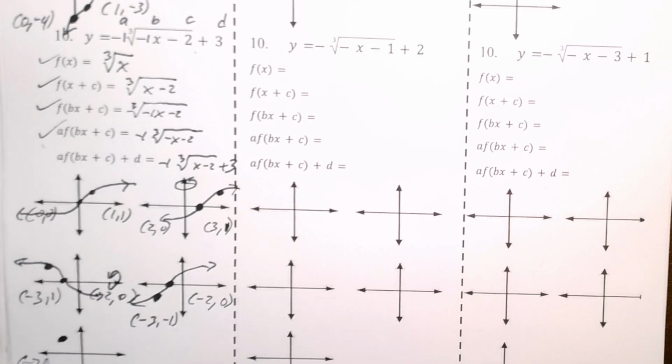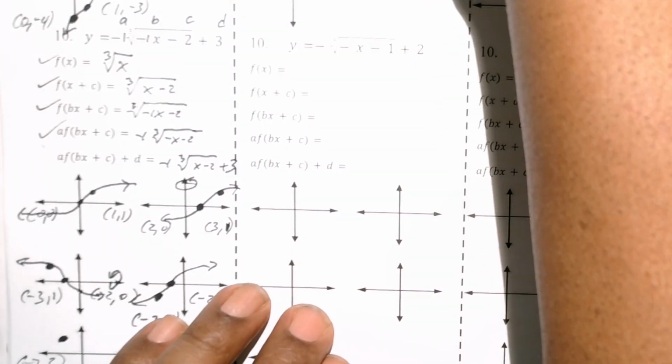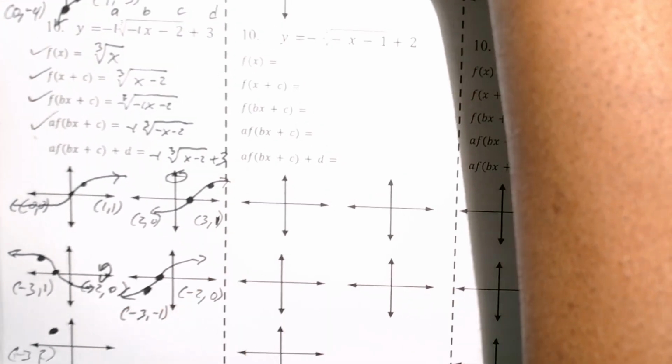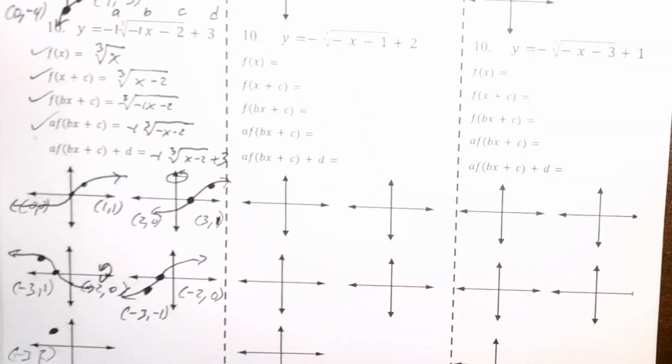That's negative 3, 2. I don't think you can see that negative 3, 2 though. Let's see if I can move this up a little bit more. Okay, so negative 3, 2.